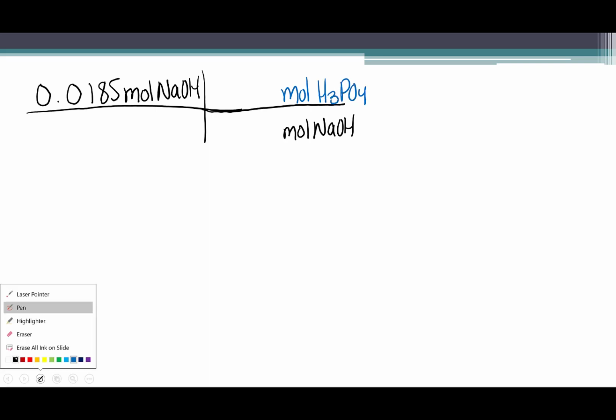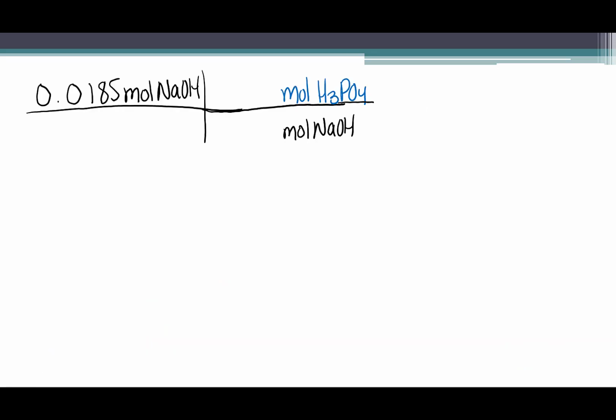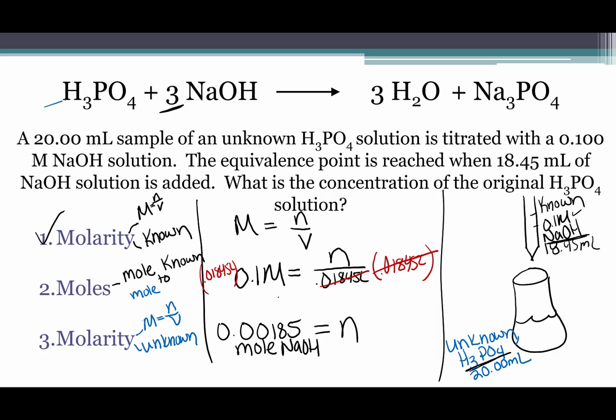So this was that mole to mole ratio using the balanced chemical equation. So now we need to go back to the equation and determine what the coefficients are. So looking at our balanced chemical equation, I see that there's a coefficient of 3 attached to sodium hydroxide. So when I do this mole to mole step, I need to make sure 3 stays with sodium hydroxide. And looking at our balanced chemical equation, there's a coefficient of 1 in front of our H3PO4.